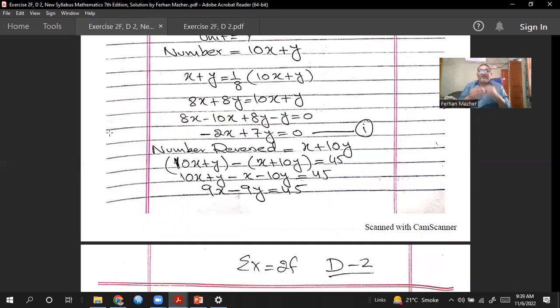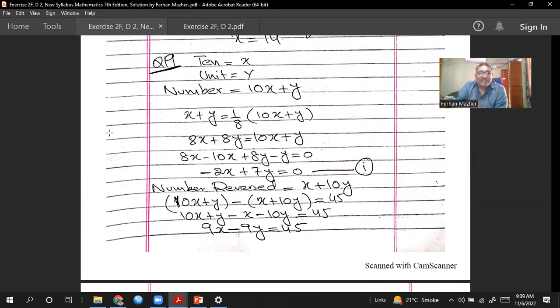Then he says when you reverse the number, it will become x plus 10y. The original number was 10x plus y. When you reverse the digits, it will become x plus 10y. Now he says the difference between the previous number and this number is 45.